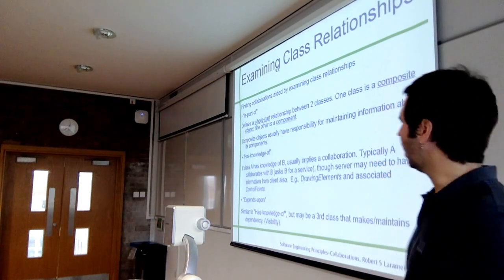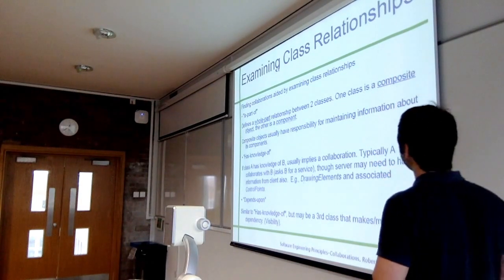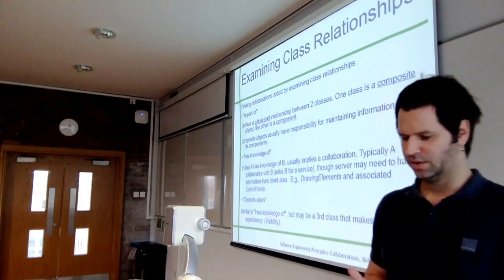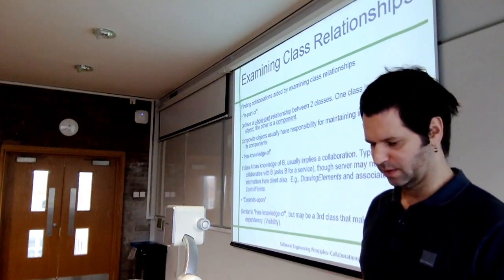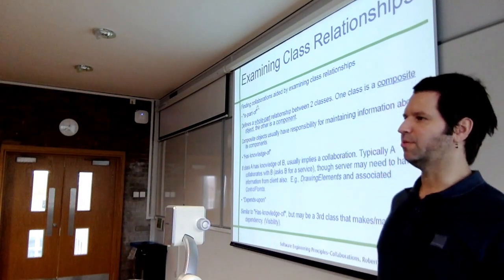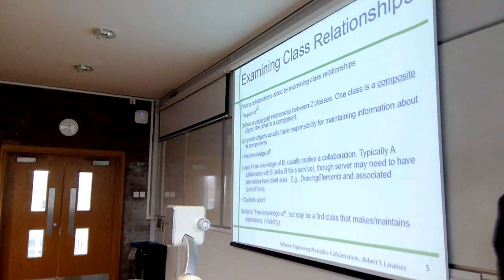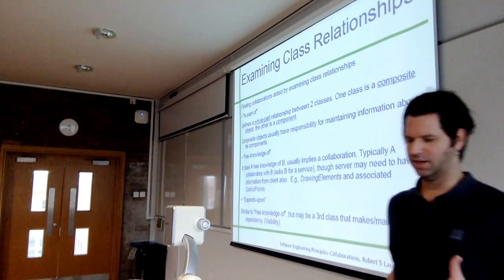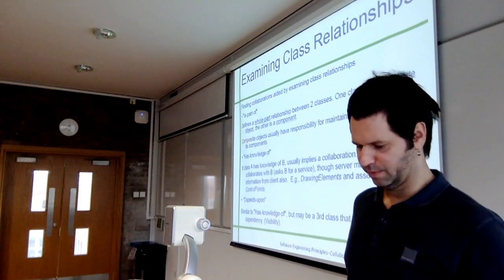So we're going to rely a little bit on our class relationships to identify class collaborations. The is part of relationship corresponds to a collaboration. Right? The hand is part of the arm.